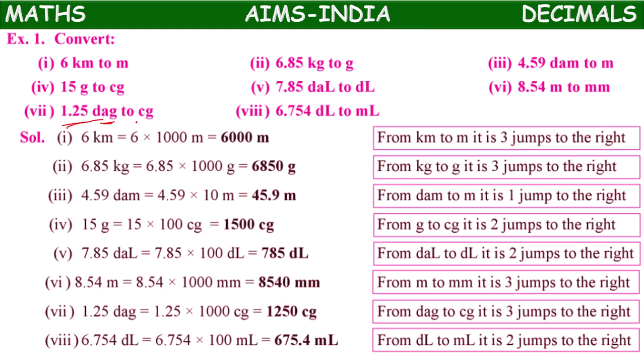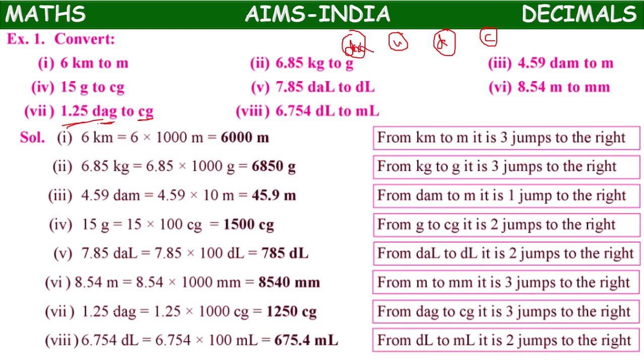Next, 1.25 decagram to centigram. So here this is the unit value. Less than unit, deci; less than deci, centi will come. More than unit, deca will come.